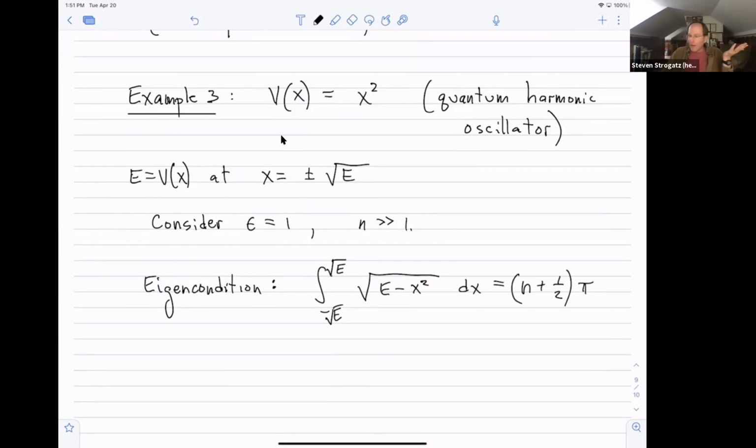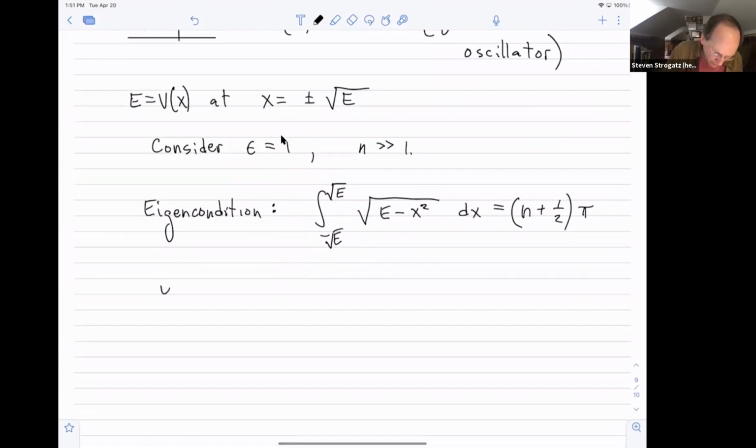And the integral on the left I can do with a substitution. If I say u equals x over square root of e, then this becomes what?